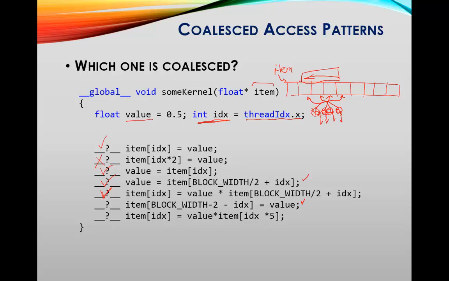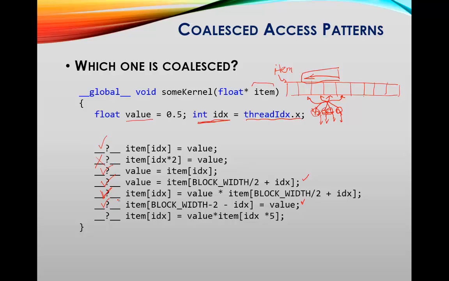Although I'm now going backwards into my global memory, that doesn't matter. Going forward or backward in memory doesn't really make any difference in terms of coalescing. In fact, you don't even know whether you're going forward or backward because these are happening at the same time in parallel. So all the chunks of coalesced memory accesses are going to be applied in parallel. So you've got a coalesced memory access there as well.